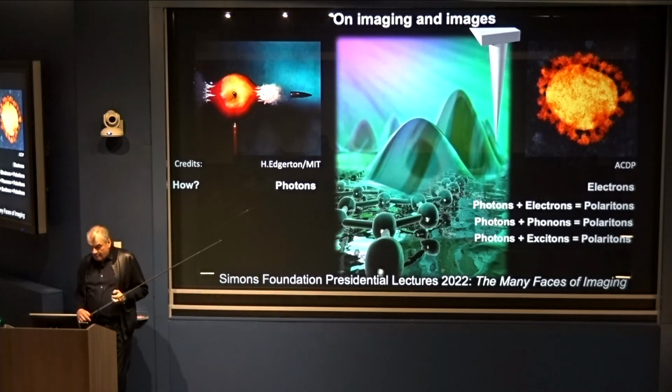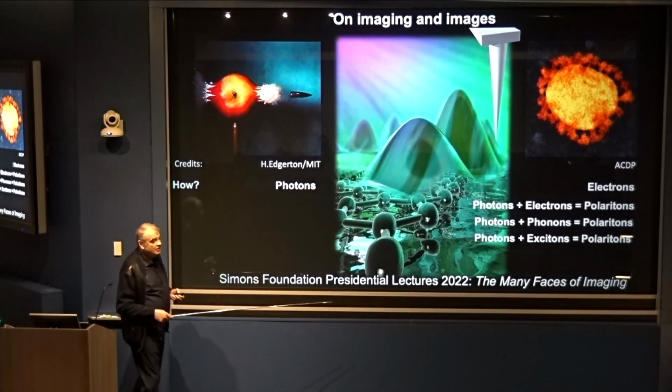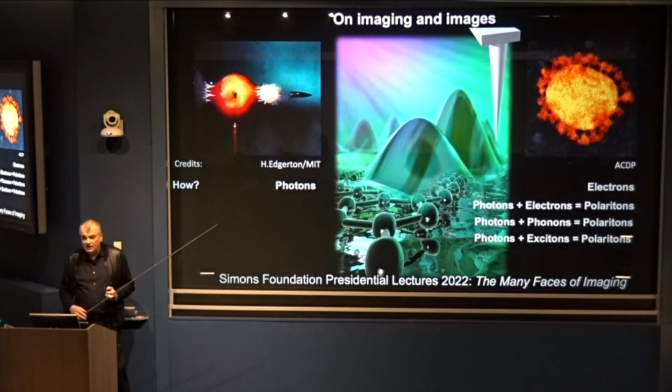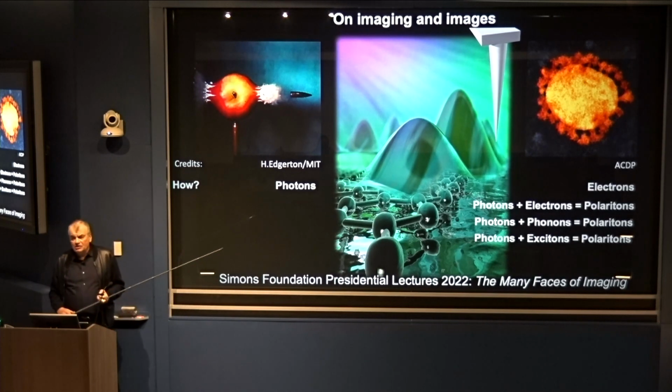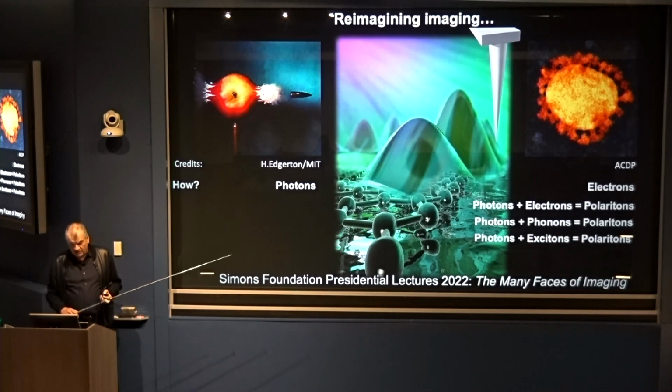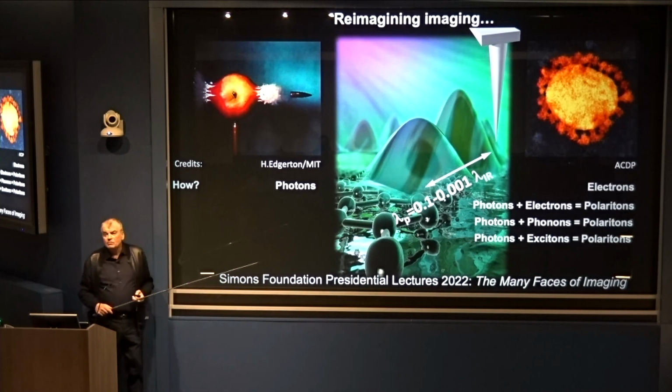And it turns out that these polaritons are extremely informative tools in imaging that really allow us to reimagine how we proceed with optical studies of materials. All polaritons are extremely compact, or could be very compact.